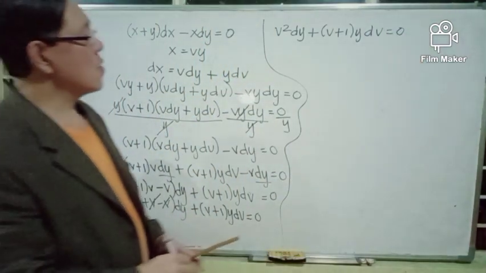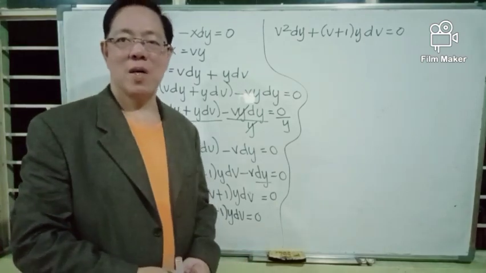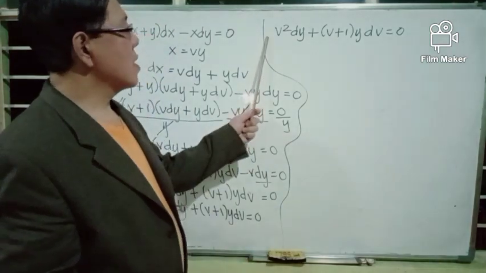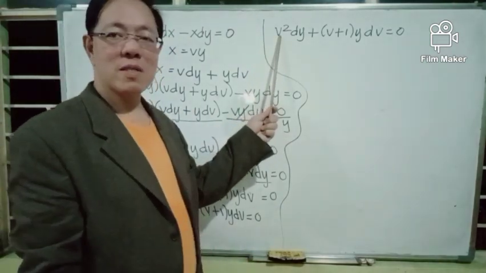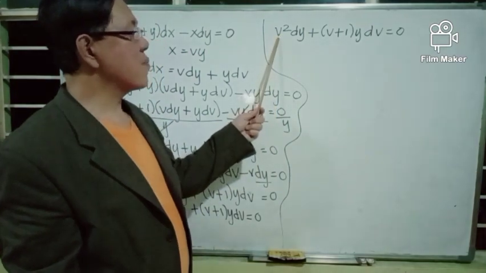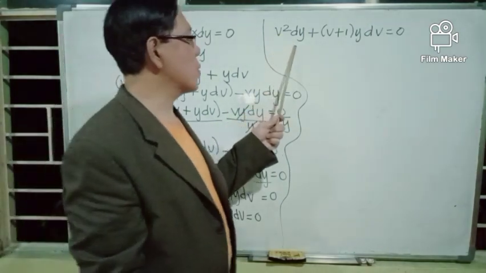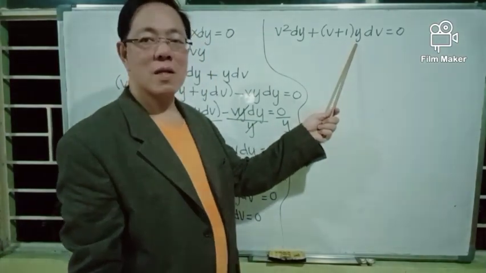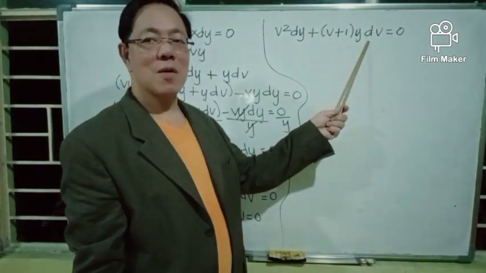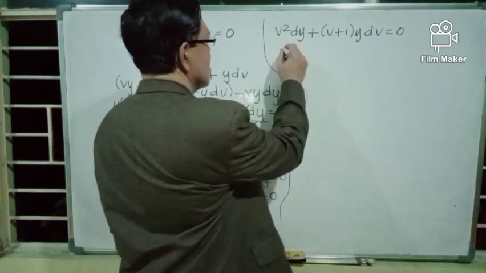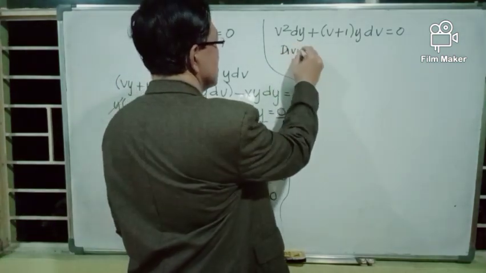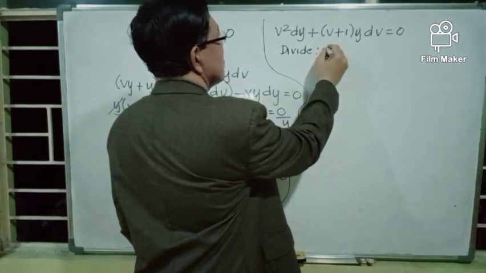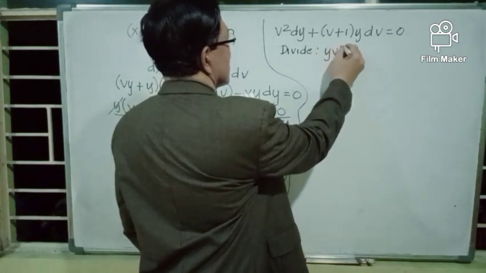Now we can solve this by separation of variables. If we divide the whole equation by v squared to get rid of v squared from the coefficient of dy, and we also divide the whole equation by y to get rid of y from the coefficient of dv. So we divide the whole equation by yv squared.